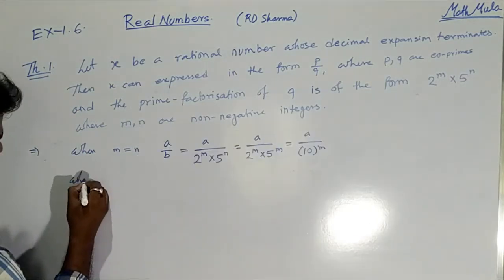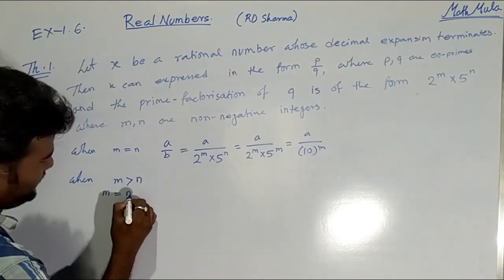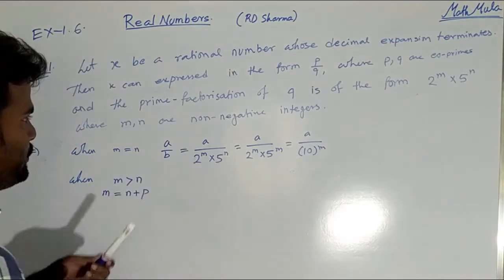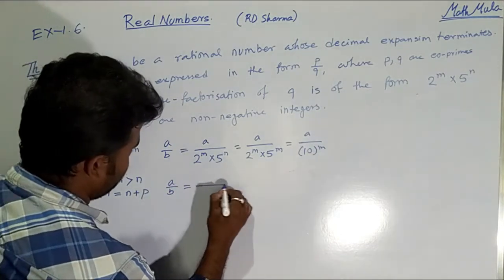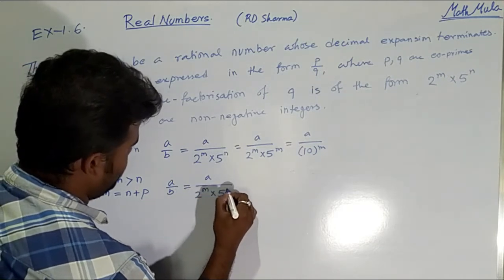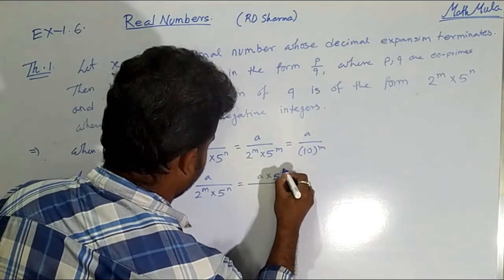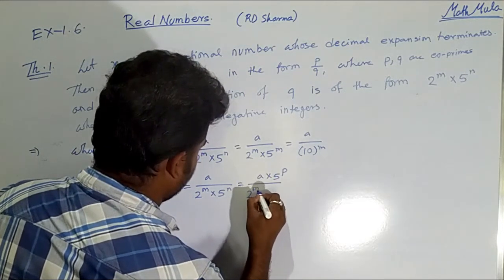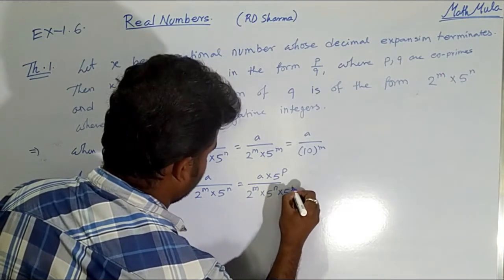Now when m is greater than n, then m can be written n plus p, some positive integer p, and a by b can be written a by 2 to the power m into 5 to the power n. That means a into 5 to the power p by 2 to the power m into 5 to the power n into 5 to the power p.